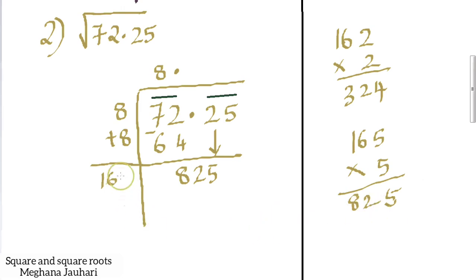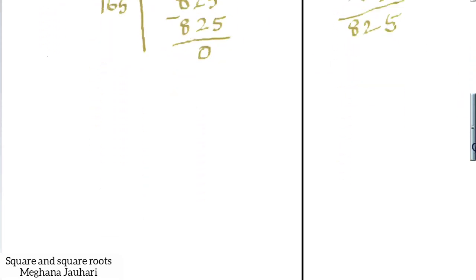So in the unit digit, we will write 5, and at the quotient, we will write 5. Now 825, and on subtraction, we will get 0. And the quotient is our answer. And yes, the square root of 72.25 is 8.5. I hope it is clear.